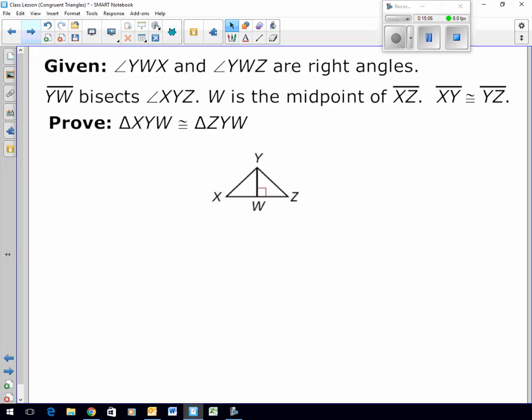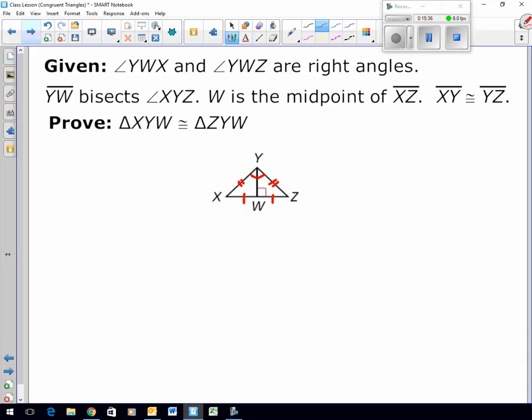I'm also given that YW bisects angle XYZ. A bisector cuts an angle into two congruent angles. That W is the midpoint of XZ. Remember, a midpoint means it's the middle, so it cuts a line segment into two congruent sides. And that XY is congruent to YZ.